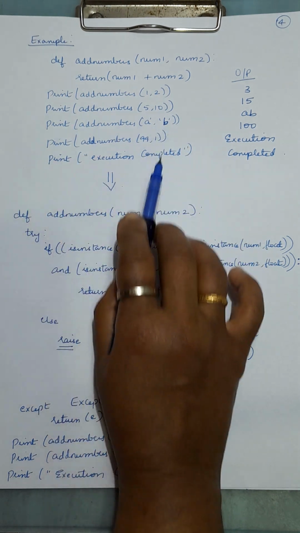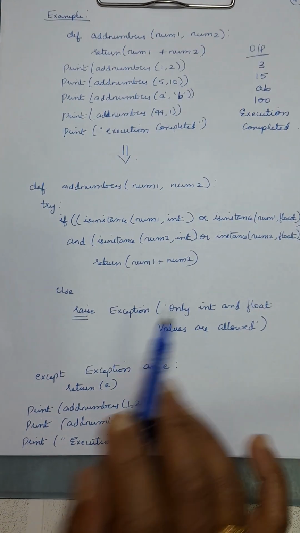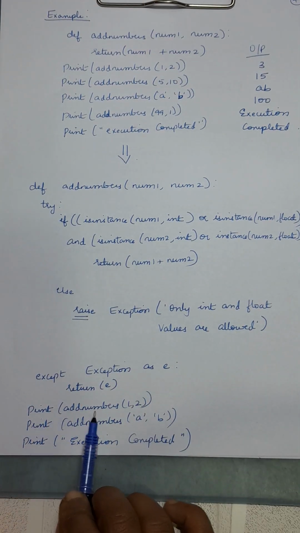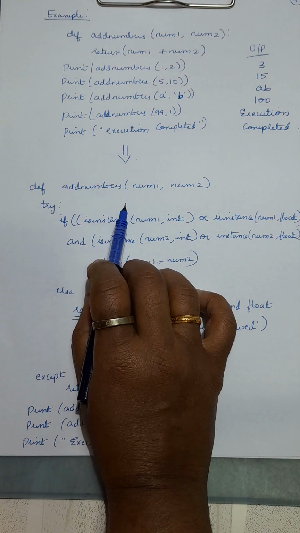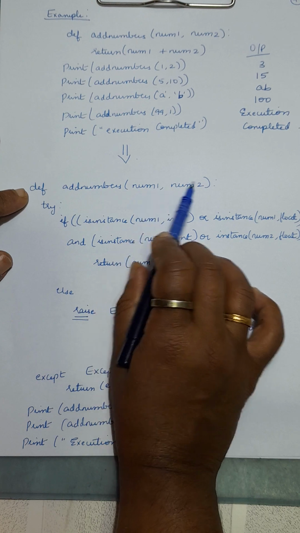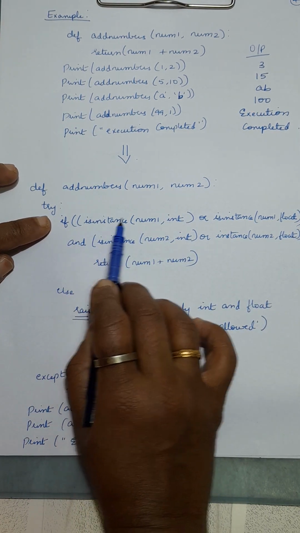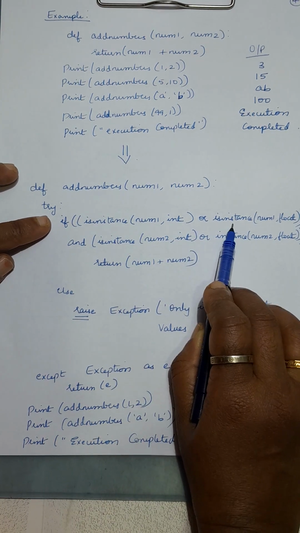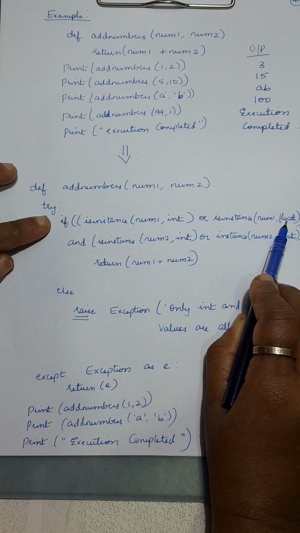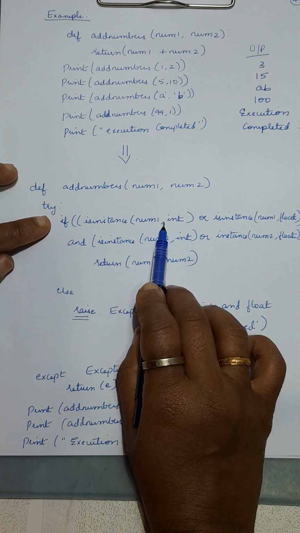So we have to make use of exception. How do we make use of exception? See the example here. The same thing: print add numbers 1 comma 2, print add numbers a comma b. So it is 1 and 2, it will go here, and num1, num2, 1 and 2 will be replaced. Try: if isinstance num1 is of type int or isinstance num1 is of type float, and see, it's an and operator between these, so either it can be integer or float.